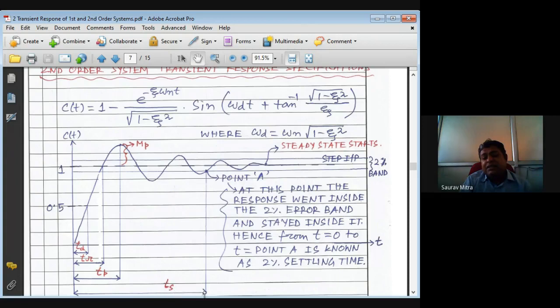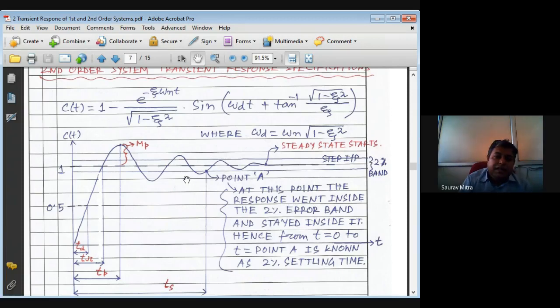And wherever it is reaching almost 0.95 of the output and staying within that band. The final output is equal to 1. You can check that. This thing is oscillating across the value 1, and finally it is coming and getting steady at 1. So steady state error is equal to 0 because the final output value is 1.